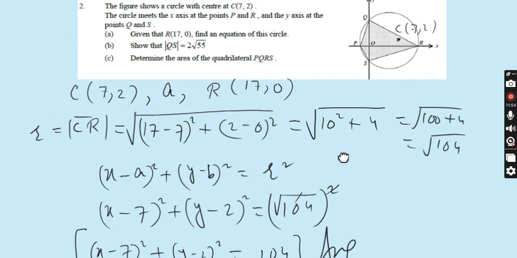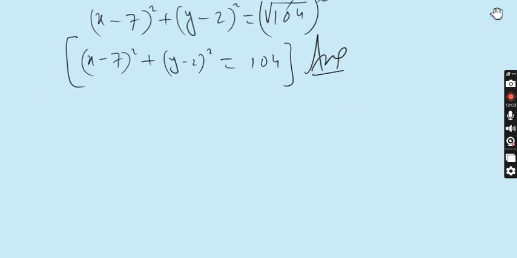Part B, show that the magnitude of QS, or you can say the distance of QS, is 2 root 55. Very easy. So we have the equation of the circle (x minus 7) square plus (y minus 2) whole square is equal to 104.